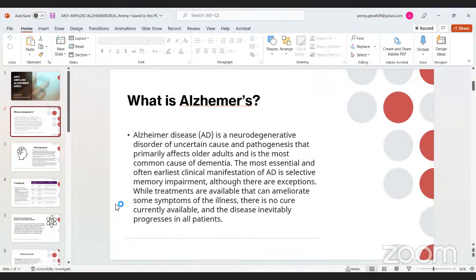The most essential and often earliest clinical manifestation is selective memory impairment, although there are some exceptions. While treatments are available that can ameliorate some symptoms of the illness, there is no cure, and the disease is inevitably progressive in all patients.